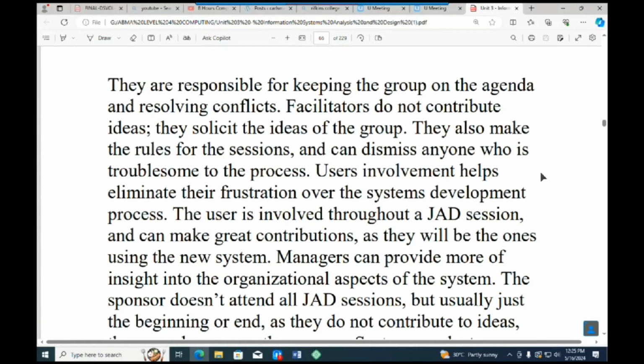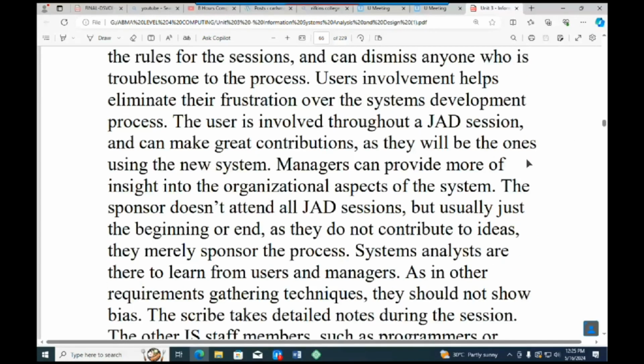They also have the responsibility of making rules for the sessions, and they are able to dismiss anyone who is bringing trouble into the process. They make sure there is user involvement.